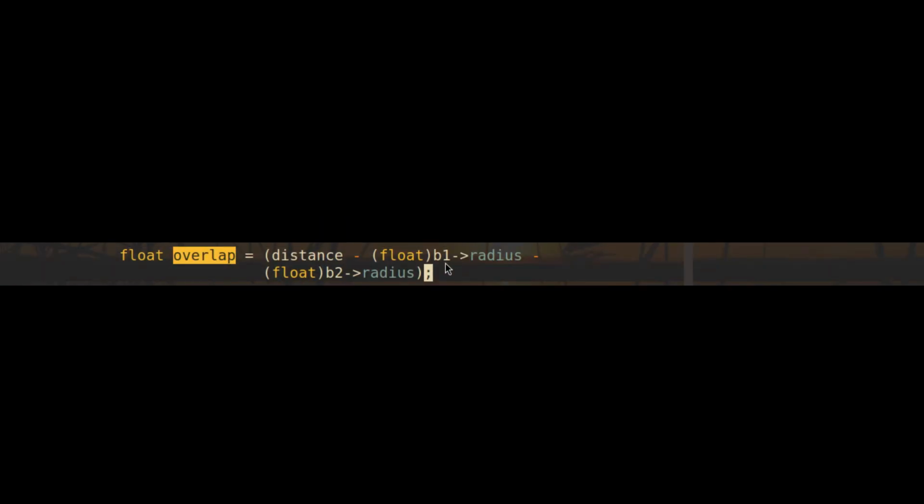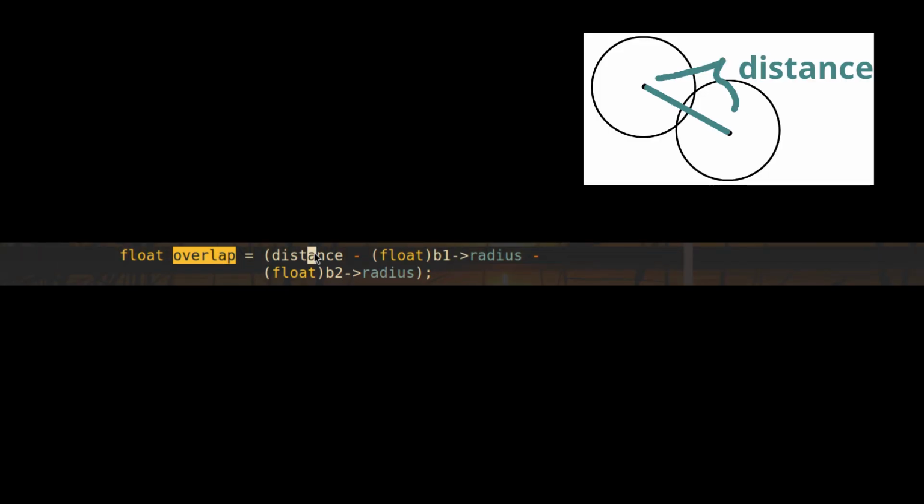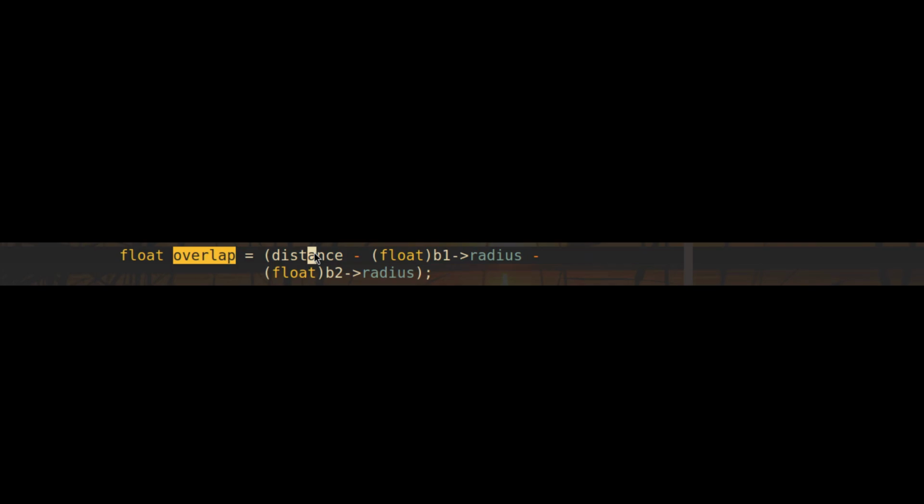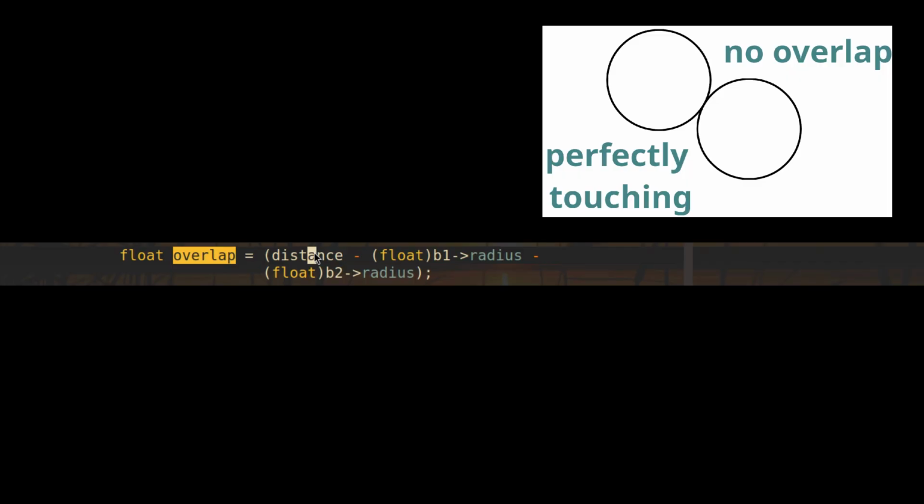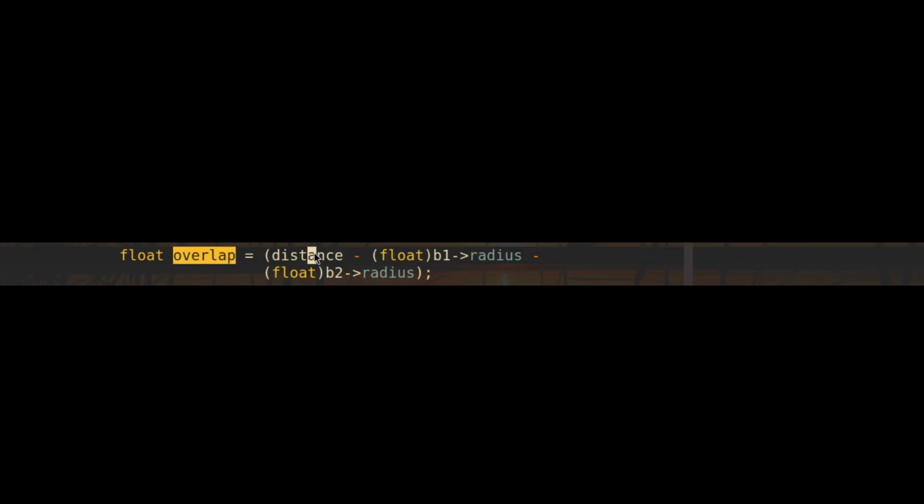How we're getting the overlap is we have the distance between the centers of both balls. And if we subtract both of those radiuses, if they're perfectly touching, that would be 0. But if there's a negative value after subtracting the radiuses from the distance, then there's overlap.